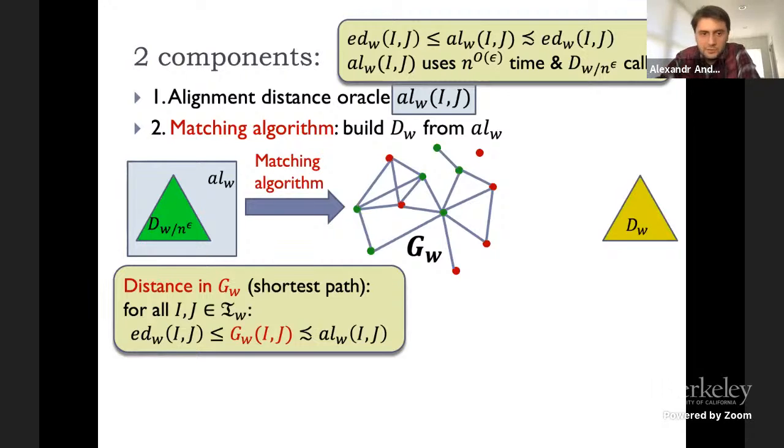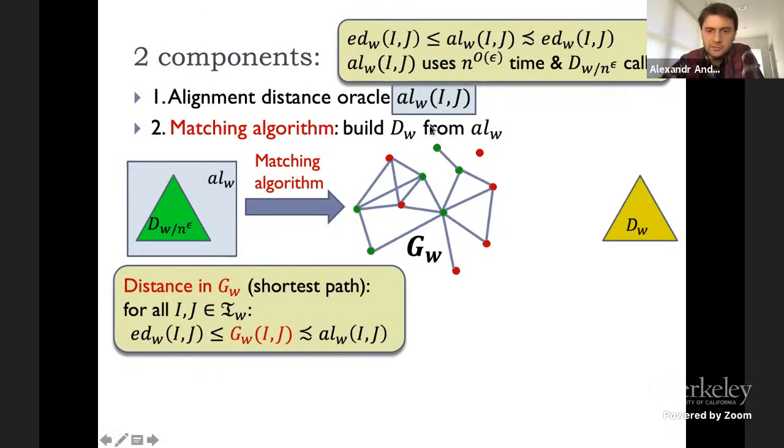It has very similar properties: for any two substrings i and j, the distance in this graph is lower bounded by the distance and upper bounded by whatever we want to approximate this alignment distance. Again, up to this squiggly inequality, meaning up to a constant factor and where it matters. So not everywhere, but just enough to be able to compute any distance.